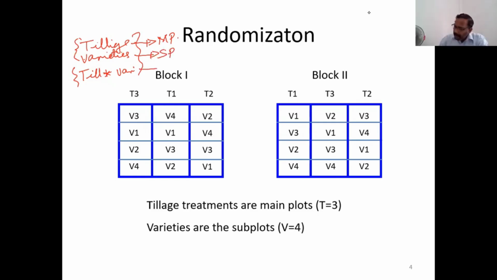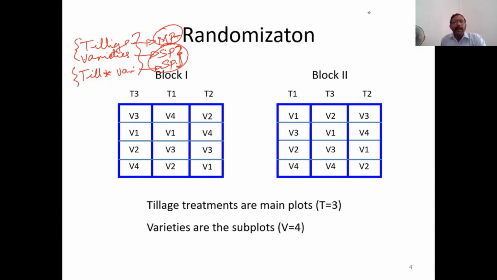What about tillage into variety? Subplot. You see, these 2 are in subplot. This is in main plot. So these 2 will be treated similarly, and this will be treated differently.